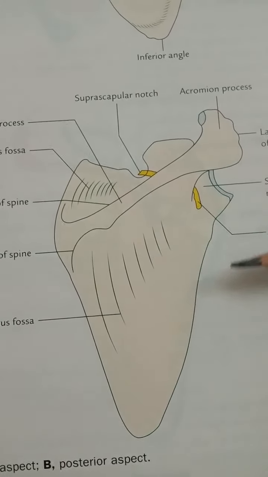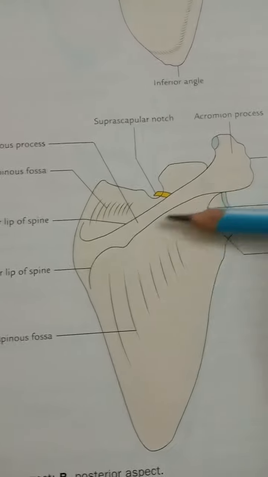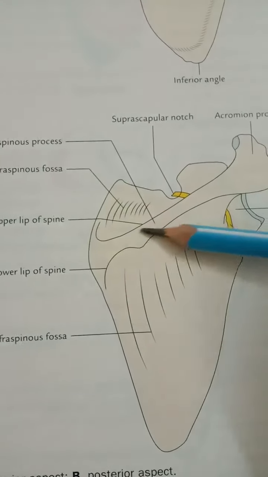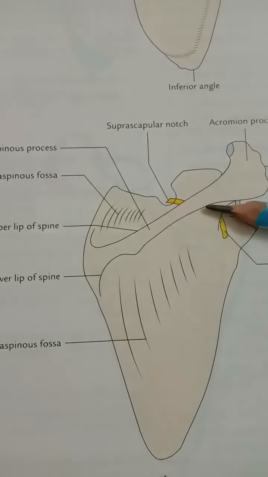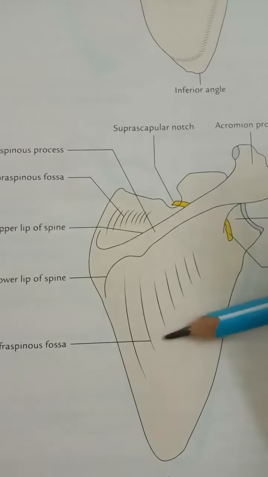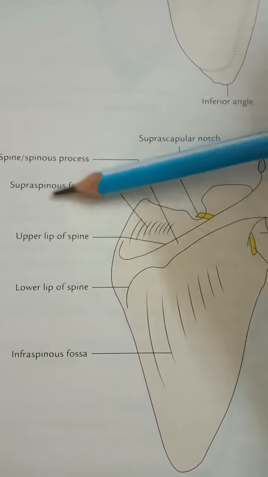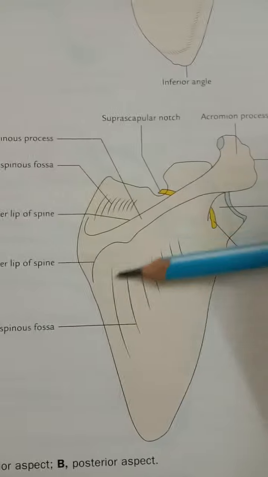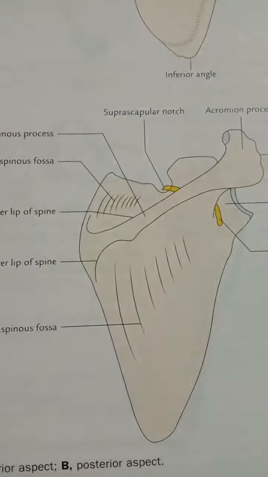It gives the attachment of the spine, or the spinous process. Here you can see this one. Because of this spine, the dorsal surface is divided into the upper small area, called the supraspinatus fossa, and the lower larger area, called the infraspinatus fossa.